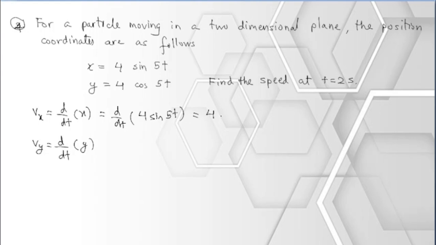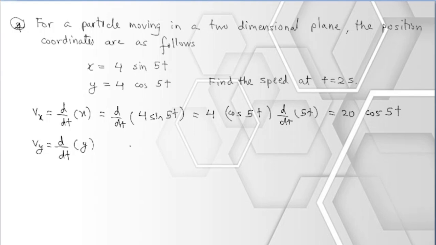D by dt of sine 5t is cos 5t, and then you again have d by dt of 5t, so you get 20 cos 5t.